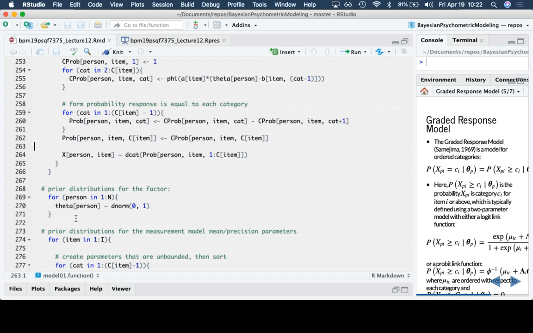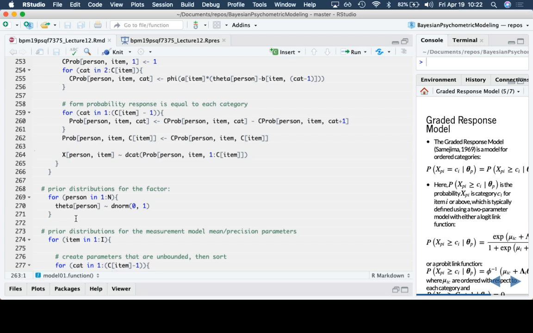So for each person and item, they're going to have probabilities for 1 to the number of categories for the item. That number is a piece of data I'm going to input into JAGS, a vector of how many categories each item has. That's what is expected. All the code above it is to make the graded response model happy, to make those probabilities line up with what the graded response model thinks they should be.